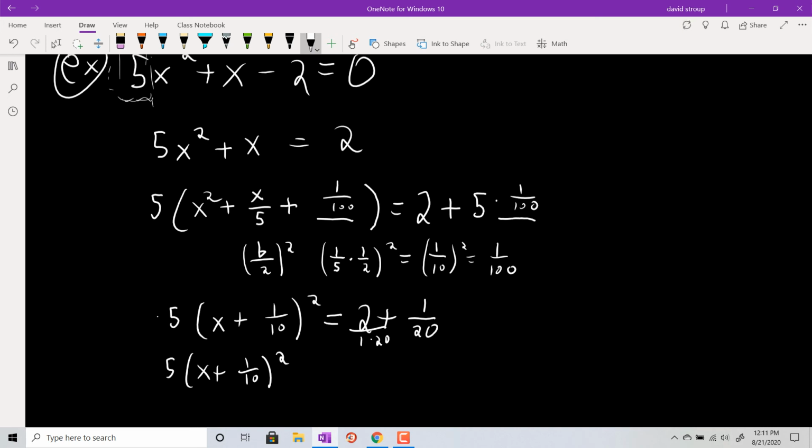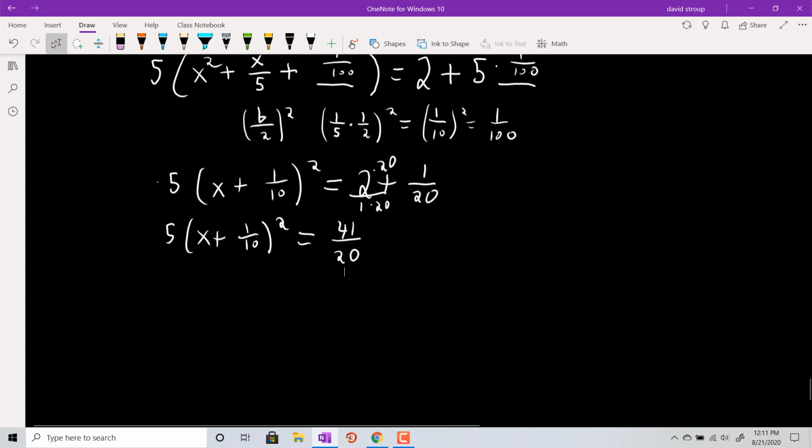So I'll multiply top and bottom by 20, and that'll be 40 20ths plus 1 20th, which is 41 20ths. Then I multiply both sides by 1/5. So I'll have x plus 1/10 squared equals 41 over 100.